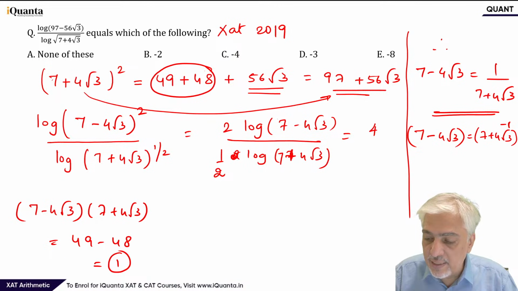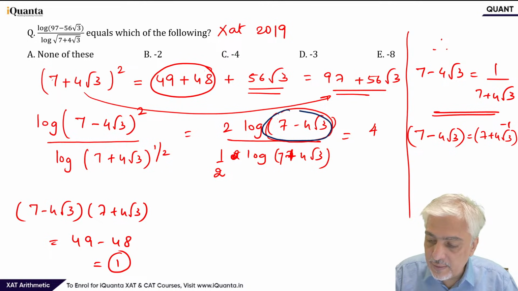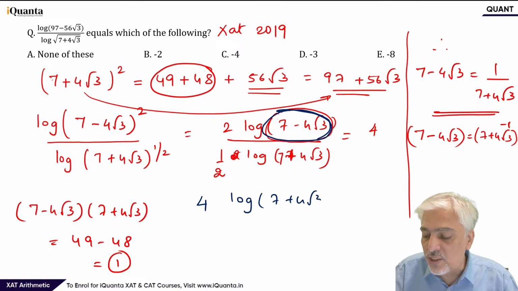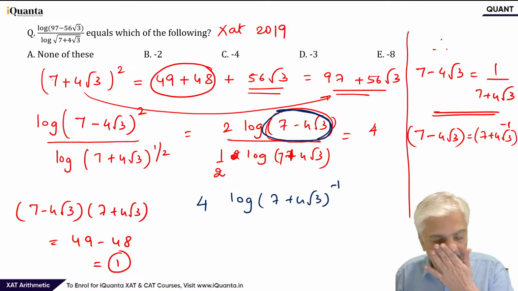So over here in my question, instead of this part, this half will go up, this will become 4. Can I write log of 7 plus 4 root 3 raised to minus 1? Right?